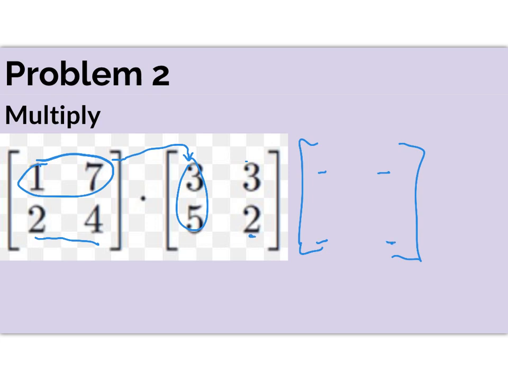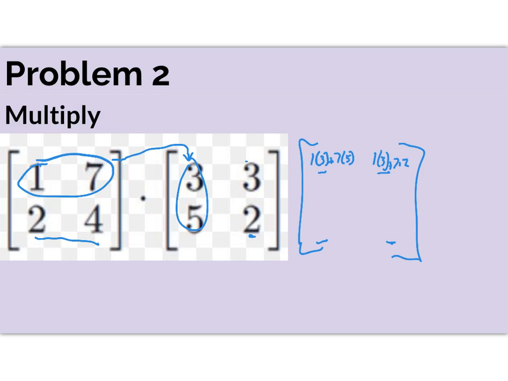So you're going to do 1 times 3 plus 7 times 5, and then 1 times 3 plus 7 times 2.